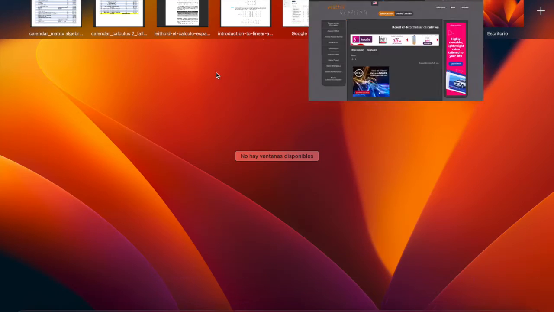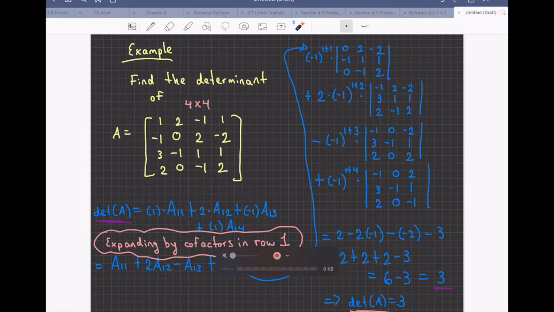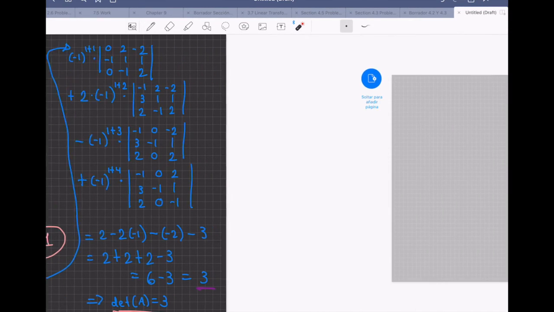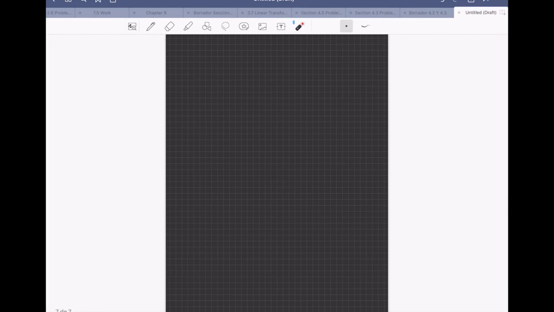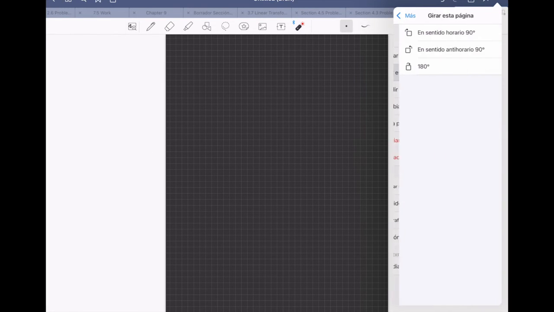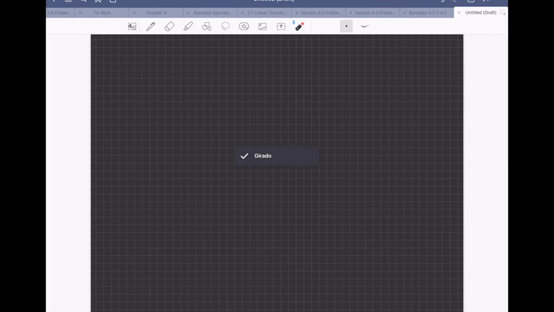Well, so 3. All right. Now, once we have understood how to compute determinants, let's see some important properties for determinants.